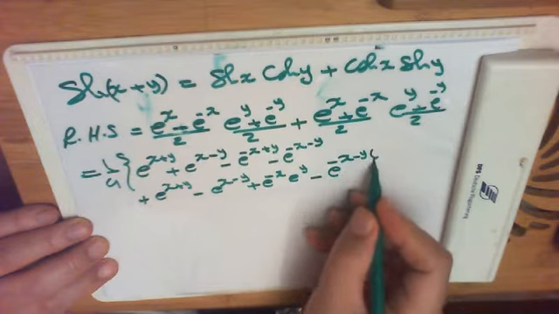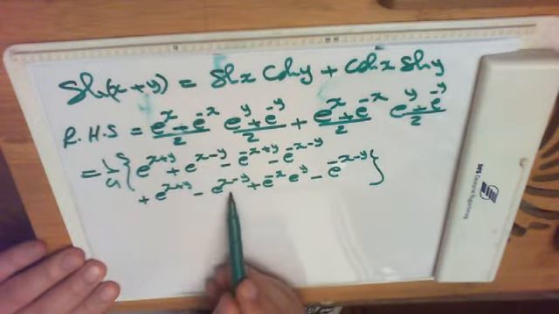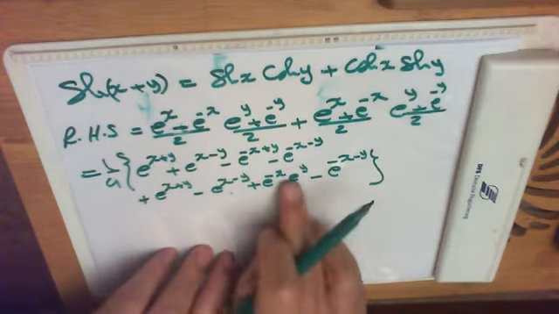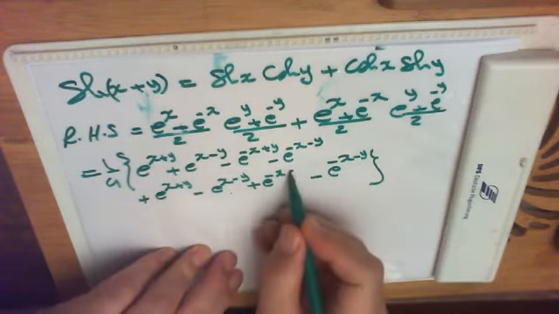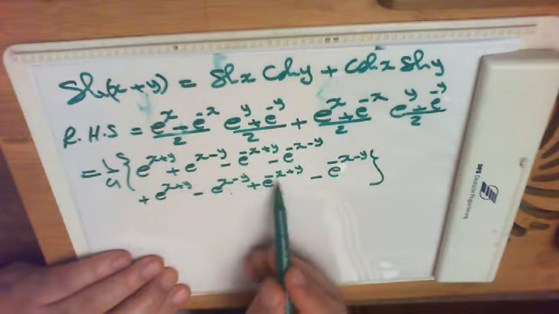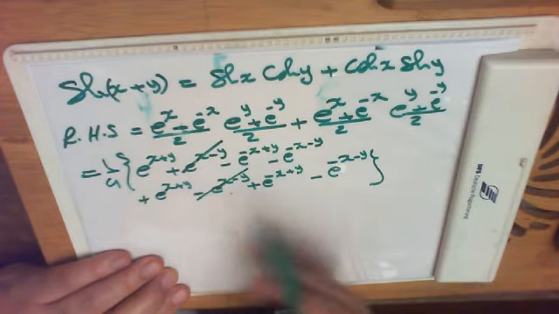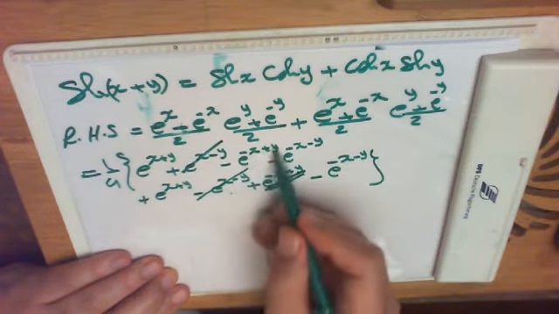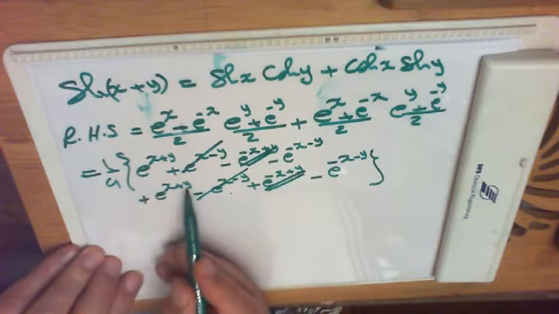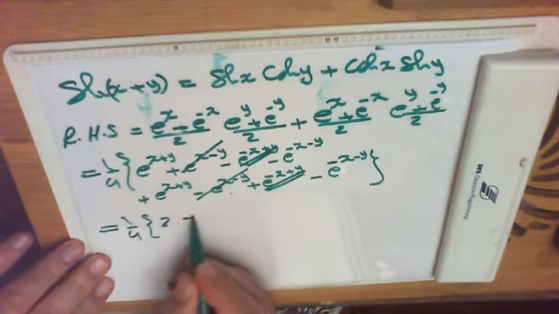As you see, this quantity cancels this, plus minus. Also this one, e to minus x plus y cancels e to minus x plus y, minus plus, so this cancels this and this cancels this. Now e to x plus y with e to x plus y is 2e to x plus y.